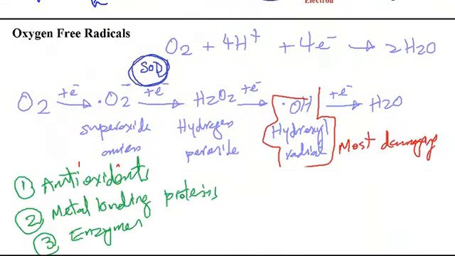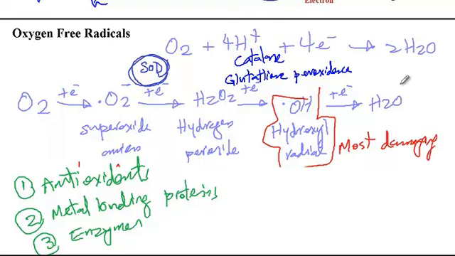Superoxide dismutase is one example that relies on the help of metal cofactors in order to convert superoxide anion into hydrogen peroxide. And then the other two important enzymes are catalase and glutathione peroxidase, which are involved in conversion of hydrogen peroxide into a hydroxyl radical, which is now one step closer to being neutralized and converted into water.